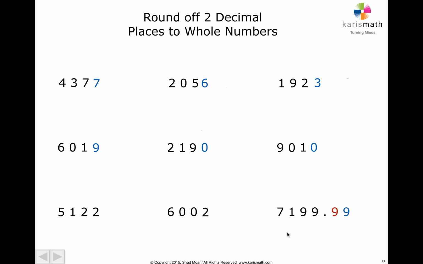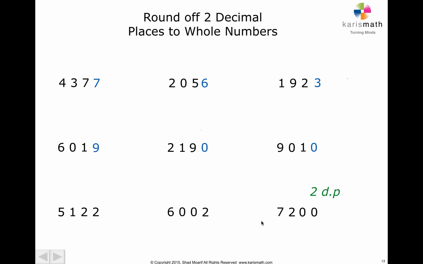What will be the answer? 7,200. Right, because this becomes 0, this becomes 10, so this is gone, and 1 and 9 is 10 again, so that means 110 comes here, and then 1 and 9 is 10 again, so 1 comes here, 110 and 9 tenths is 100, so this comes over there, and so we have 7,200.